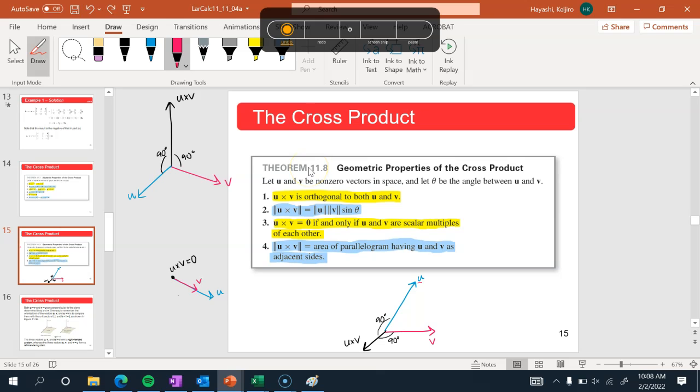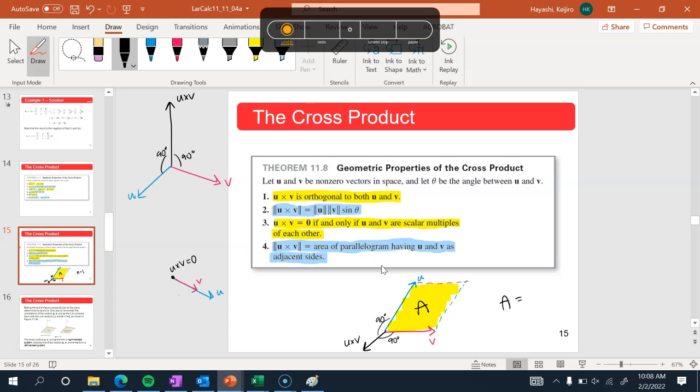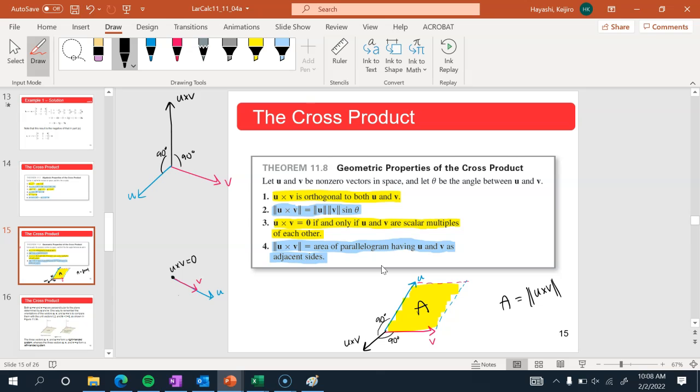Now, if you take u and v and make them the sides of a parallelogram, the area of that parallelogram is equal to the magnitude or norm of the cross product of those vectors.